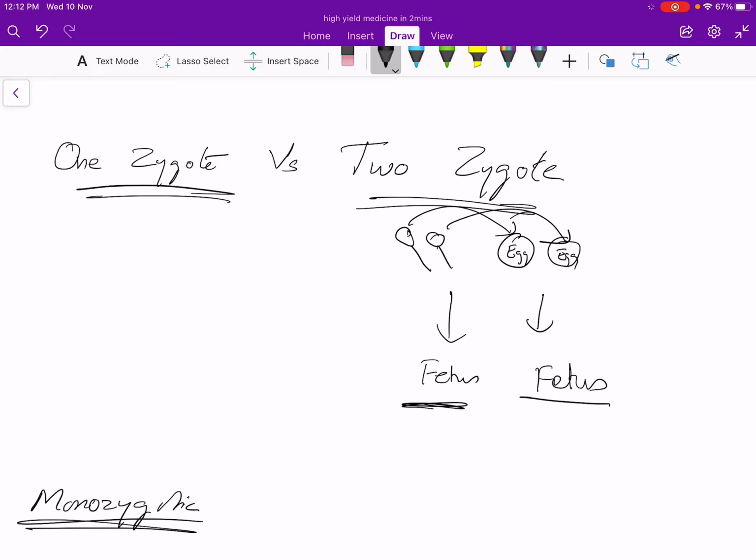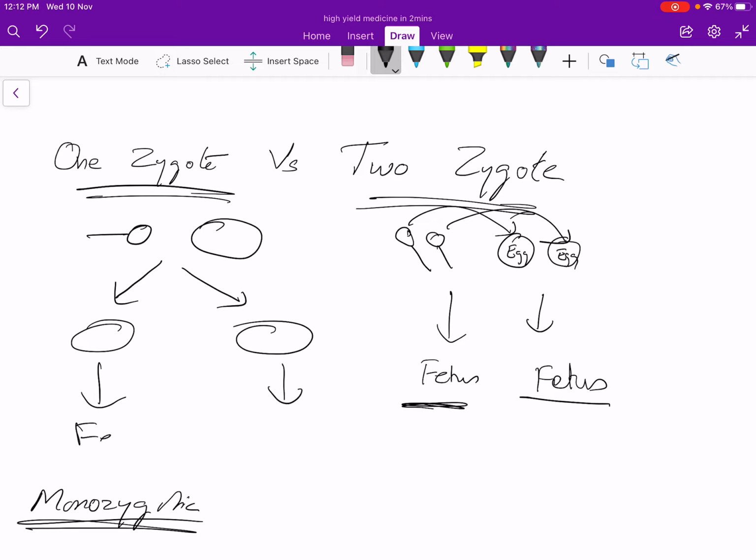That's called dizygotic twins. It's two different zygotes, two different beings. And monozygotic twin is when one sperm fuses with one egg, and at some moment of time this divides and gives rise to two different fetuses and two different babies.